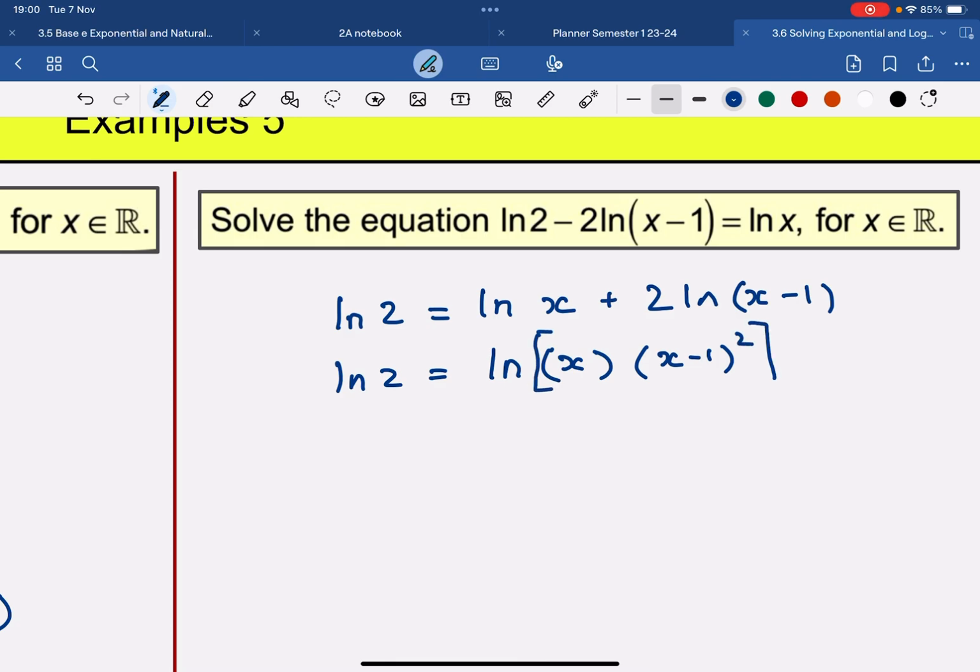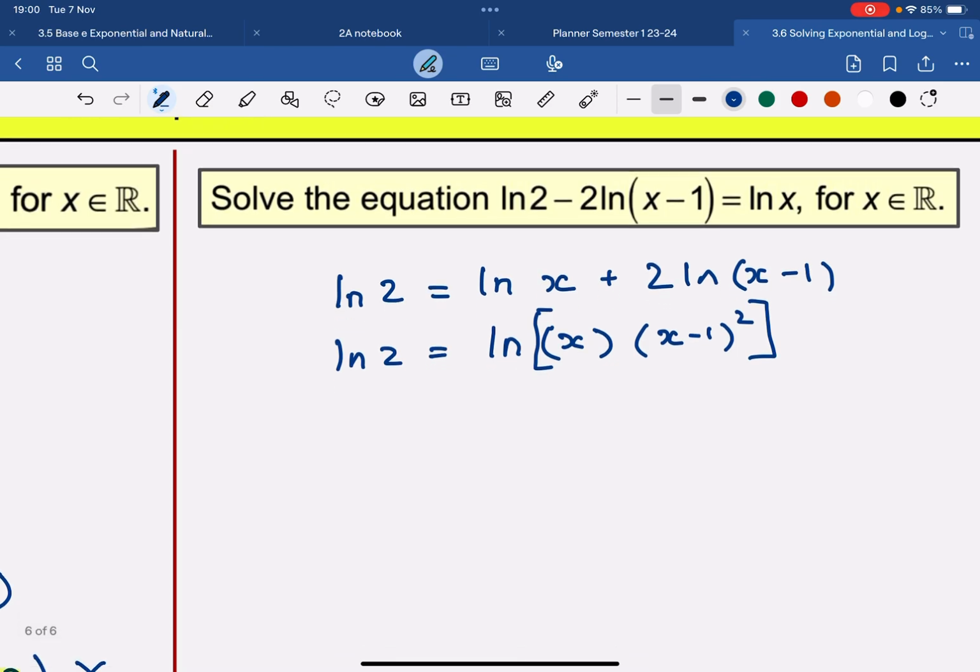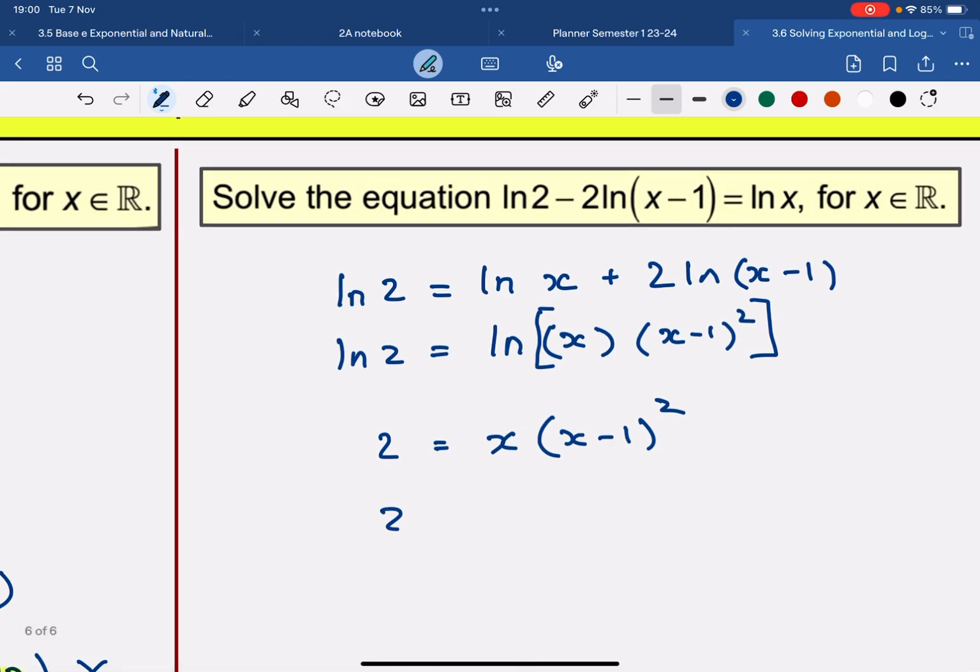And that becomes 1 logarithm. So now we can drop the logarithms. And this is going to be quite a tough one to do because I'm going to end up with a cubic.